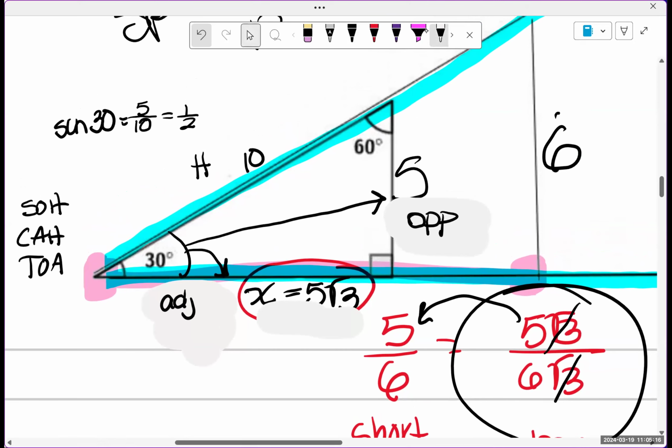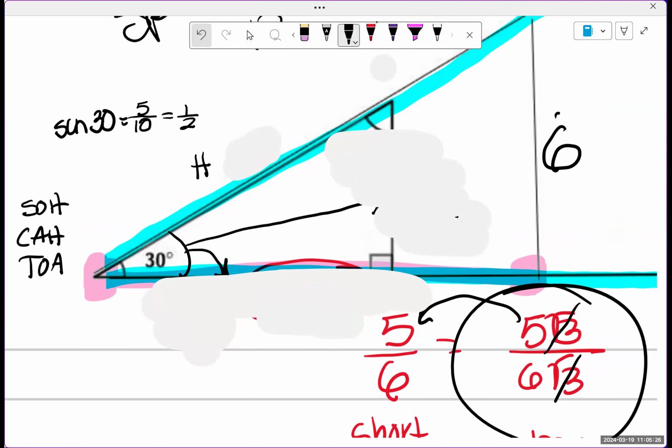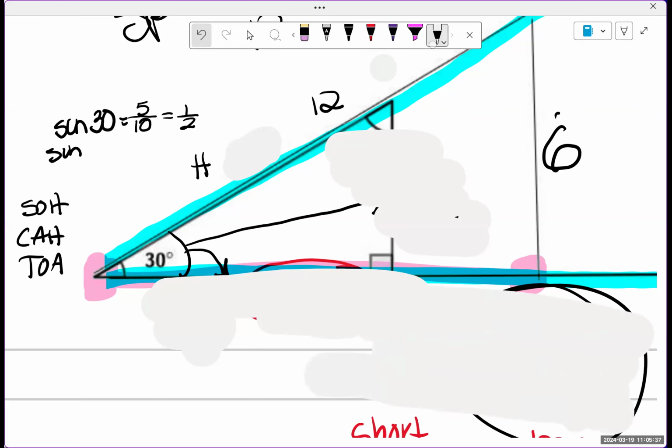Now, if I made all of this disappear, when this was 6, the hypotenuse was 12. Focus on the 6 and the 12.